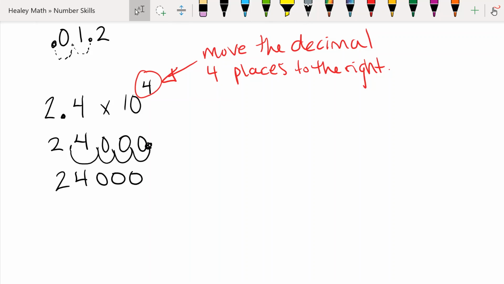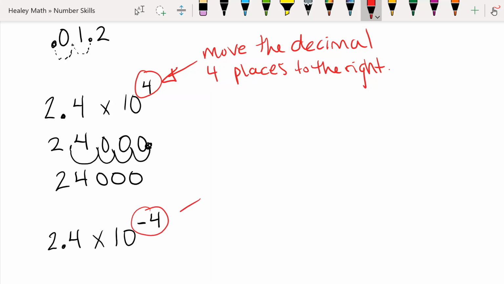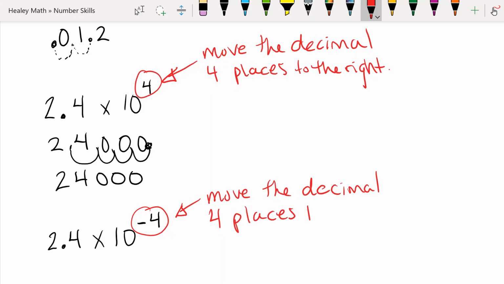In a case where we have a really small number, perhaps we have 2.4 times 10 to the negative 4. This indicates that we will have a small number, so we need to move the decimal four places to the left. That negative means we move to the left.